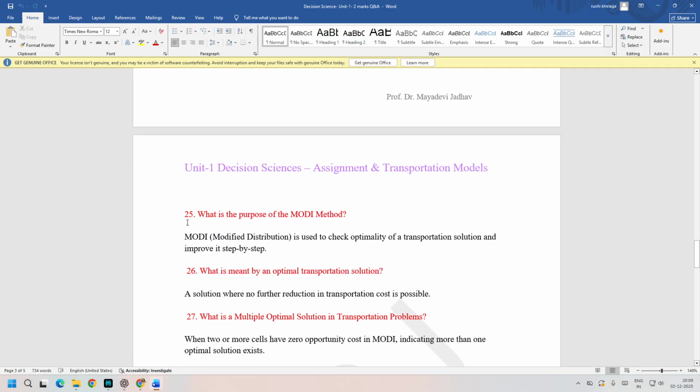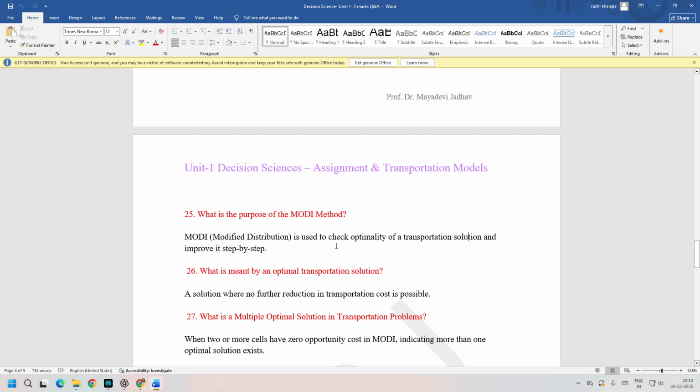Now question number 25. What is the purpose of MODI method? Now what is MODI, that we will see. MODI, the full form of MODI is modified distribution, is used to check optimality of transportation solution and improve it step by step. It checks the optimality of transportation solution.